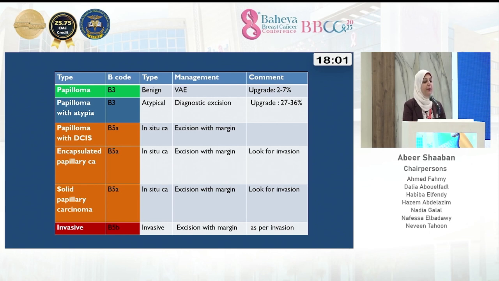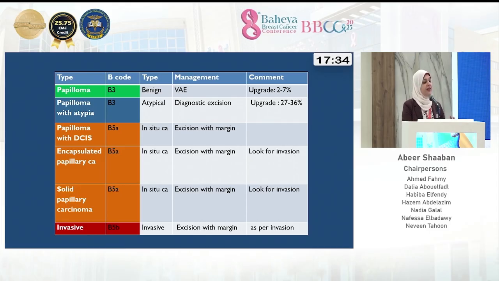But if there is papilloma with atypia, this is an indication for diagnostic excision, because of the high upgrade rate: about a third of these lesions will be diagnosed as cancer on further biopsy. In all the guidelines, European and UK, papilloma with atypia is managed by diagnostic surgical excision.